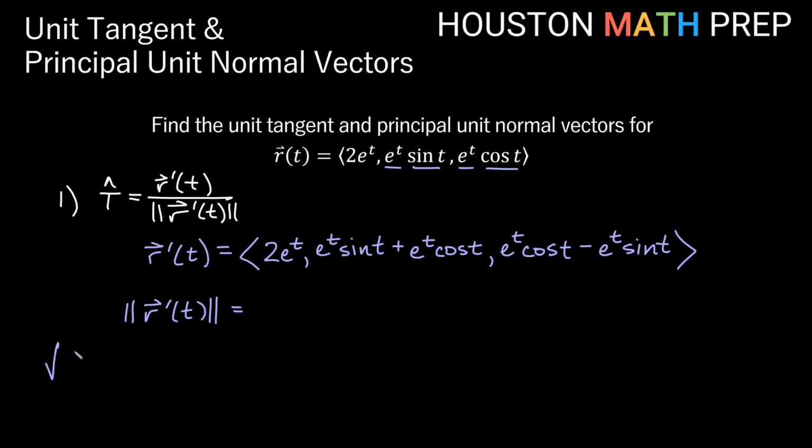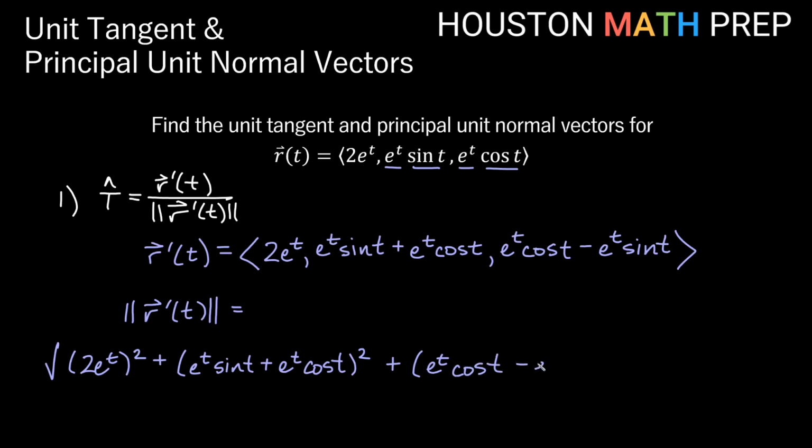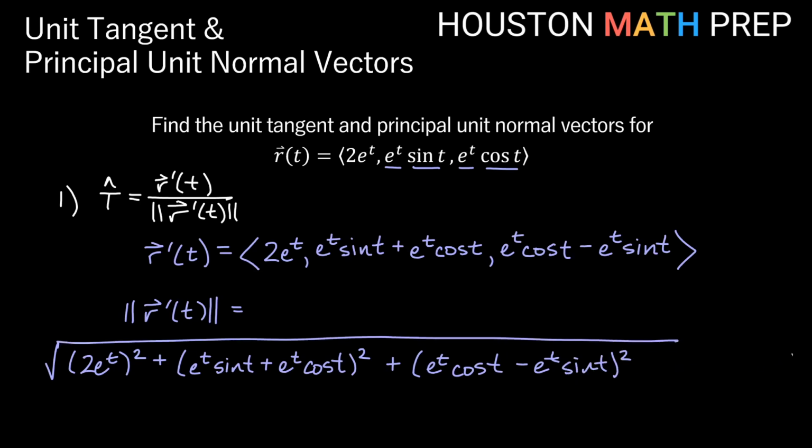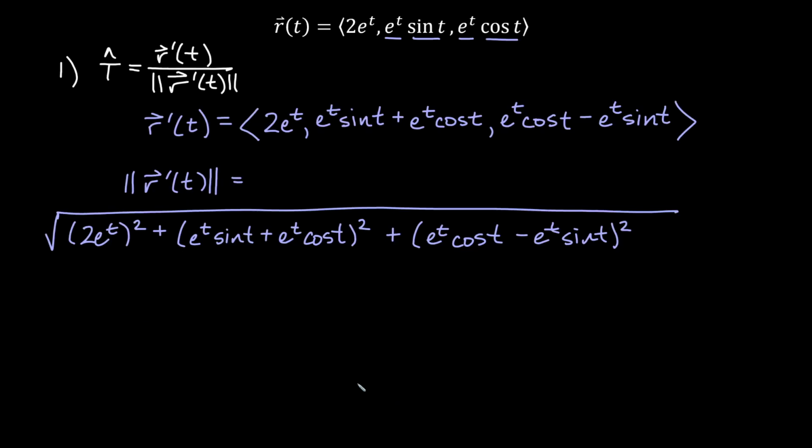So we'll have 2e to the t squared plus the quantity e to the t sine of t plus e to the t cosine of t, all squared, plus here e to the t cosine t minus e to the t sine of t, all squared as well. And a root over all of that, we'll give ourselves some more room.